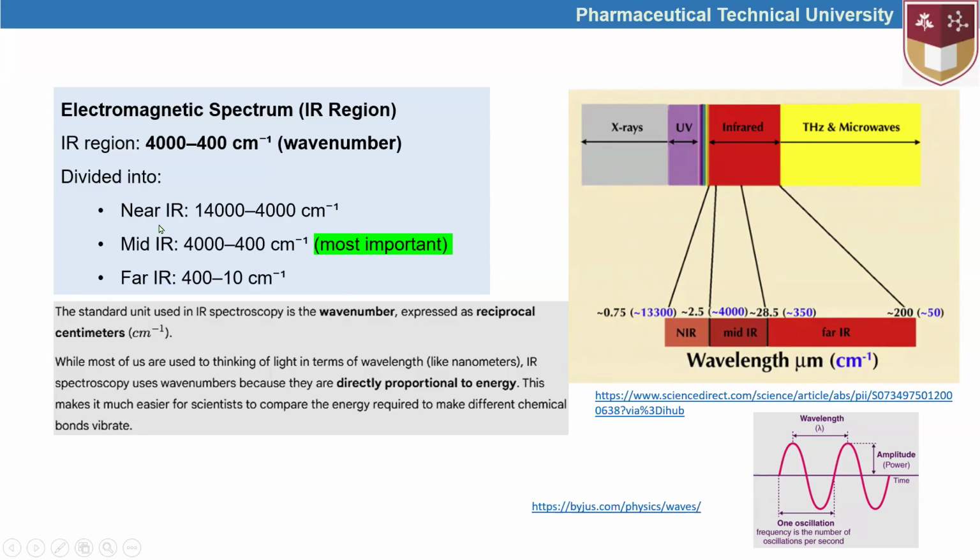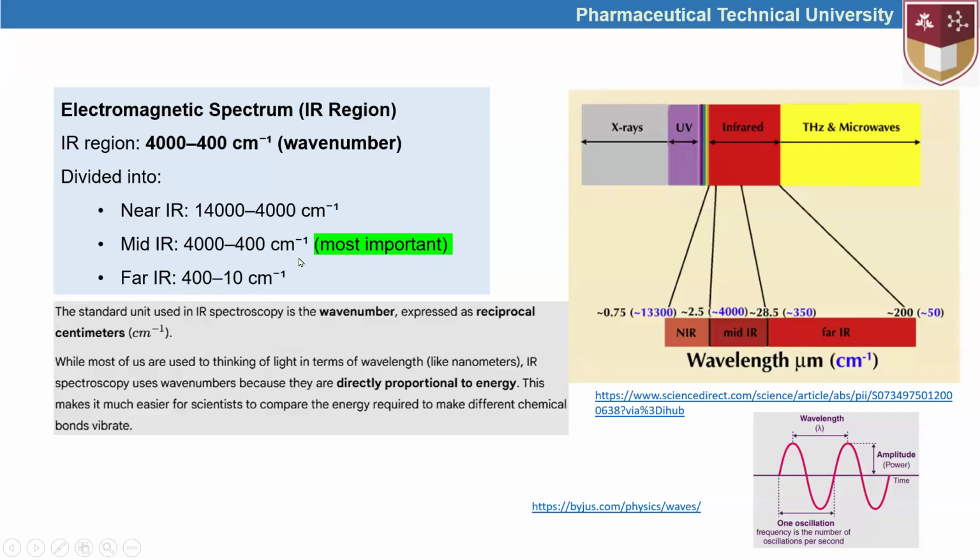Here we can see that near infrared includes 14,000 to 4,000 reciprocal centimeter, and mid infrared includes the range from 4,000 to 400 reciprocal centimeter. This spectrum is widely used and considered to be the most important. And far infrared includes from 400 to 10 reciprocal centimeter.